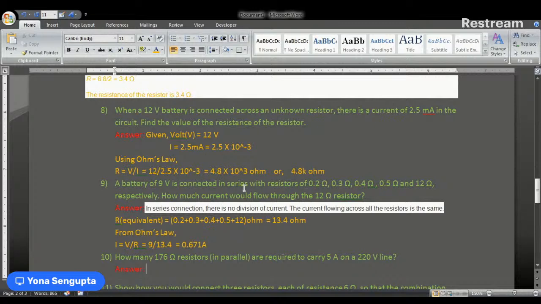Okay, next we have number 10. How many 176 ohm resistors, in parallel combination, are required to carry 5 A on a 220 volt line?